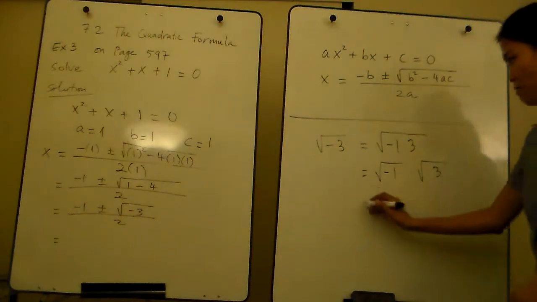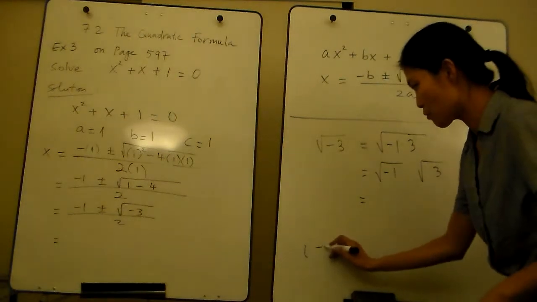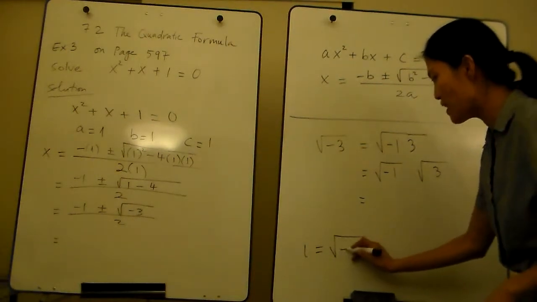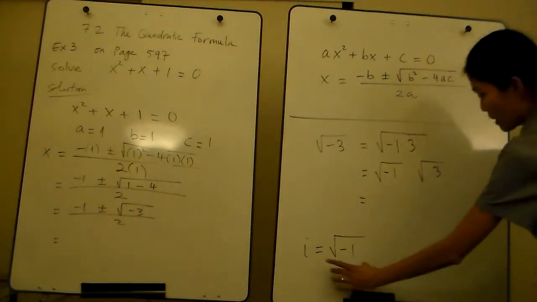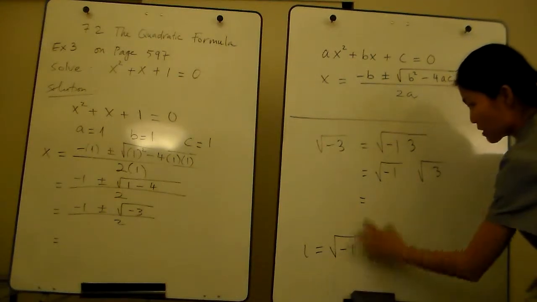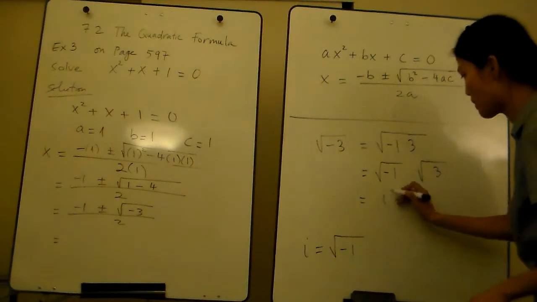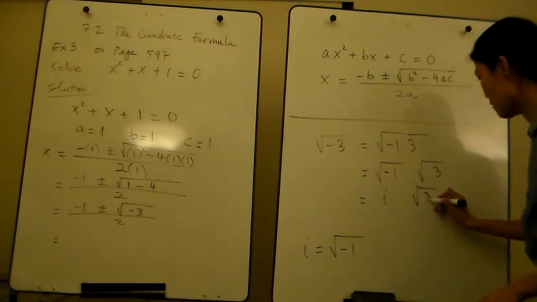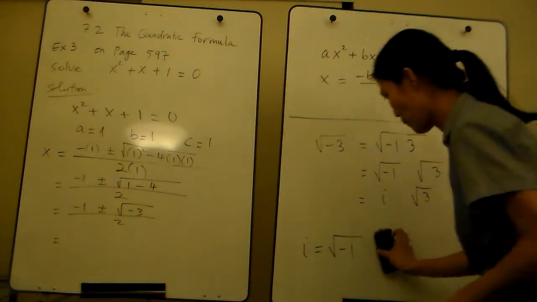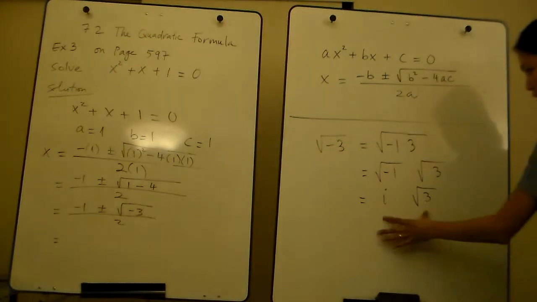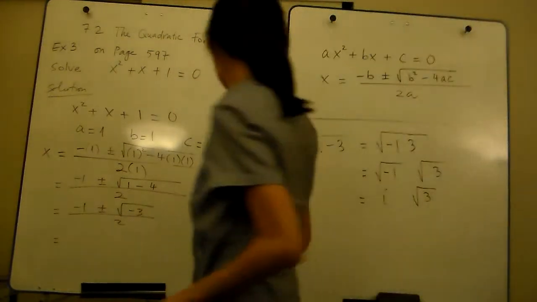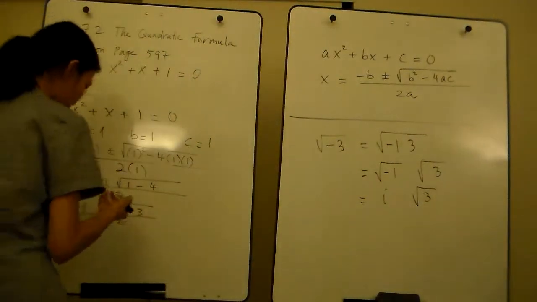And then remember, i is equal to square root of negative 1. So I'm going to replace this with i. So this square root of negative 1 is i times square root of 3. I'm replacing the square root of negative 3 over here.